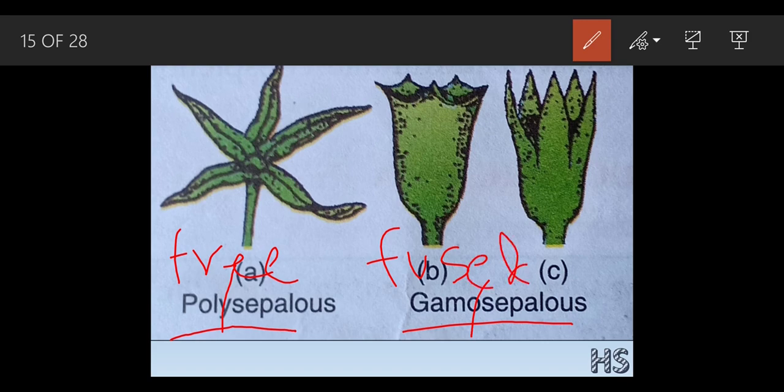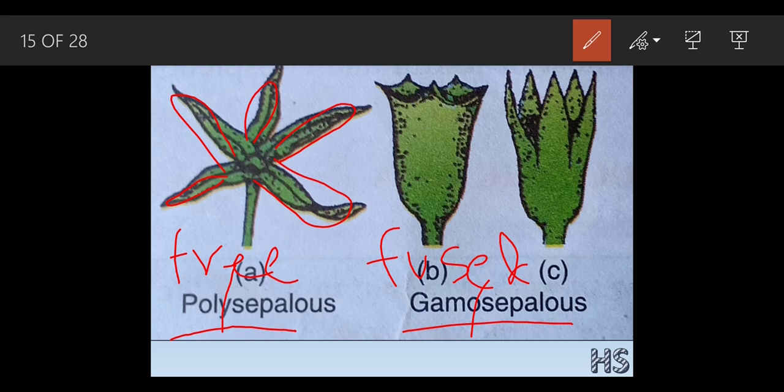Sepals, I already said, are green in color. This is polysepalous. Why? Because it is easy for me to remove the first part, second part, third part, fourth part, fifth part. And I already said that the calyx are 5 in number.